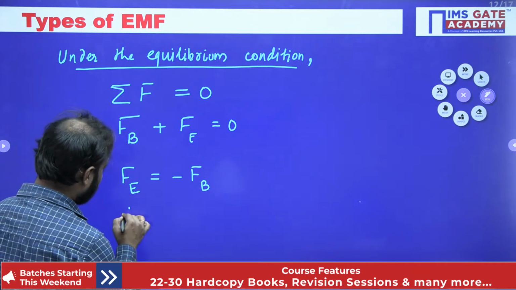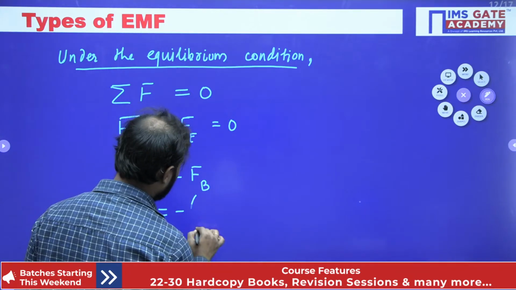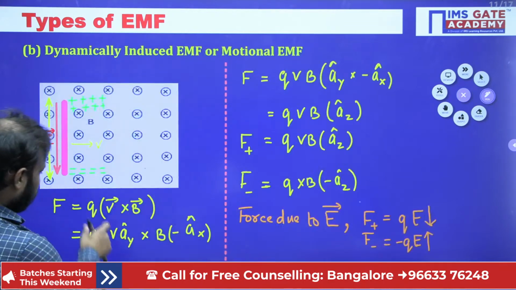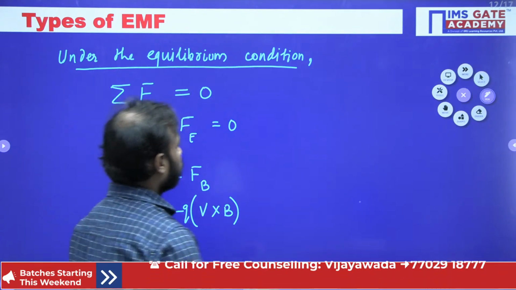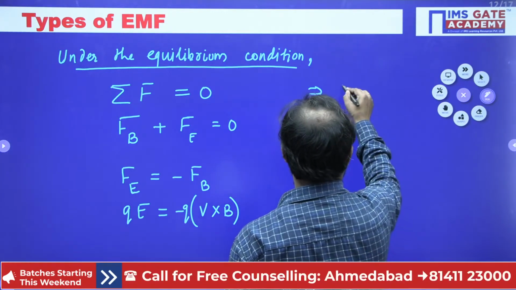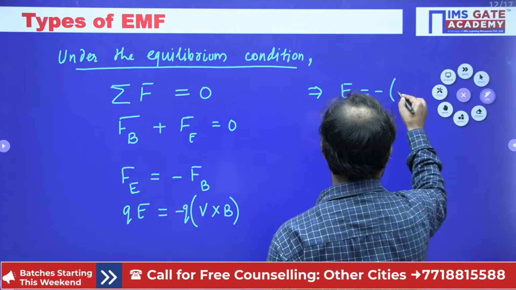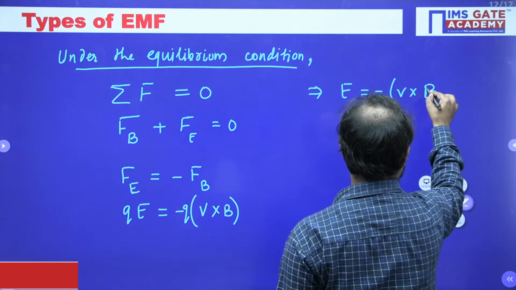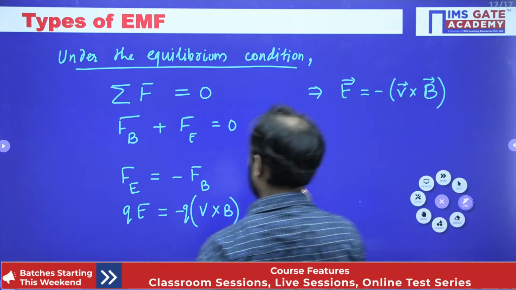Fe is Q times E, whereas Fb is Q times V cross B. So this implies the Q will be cancelled out, and your electric field is equal to minus V cross B. This whole thing is vector.